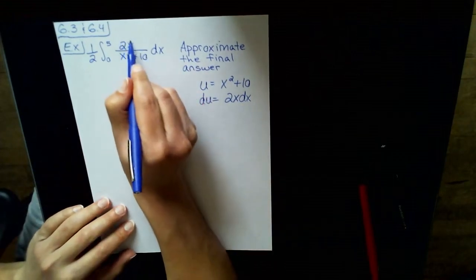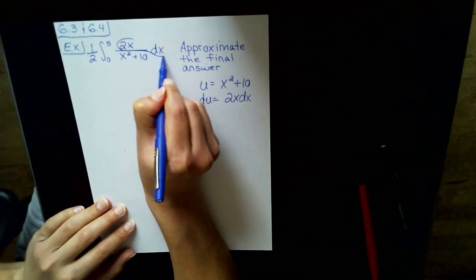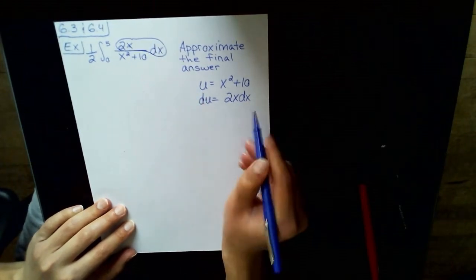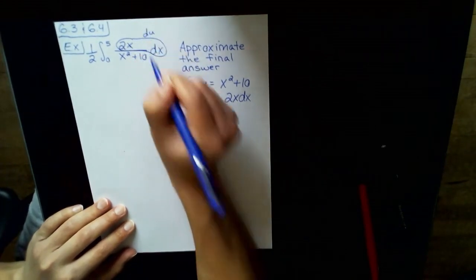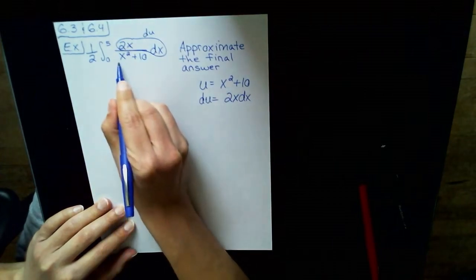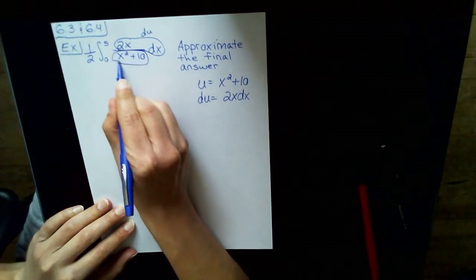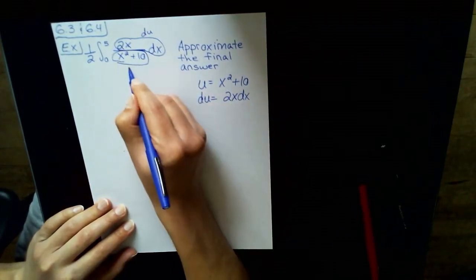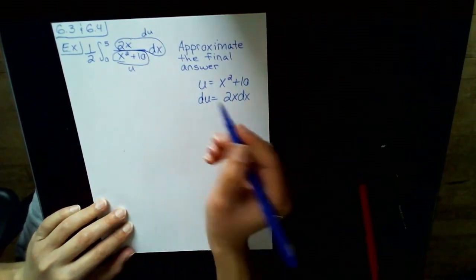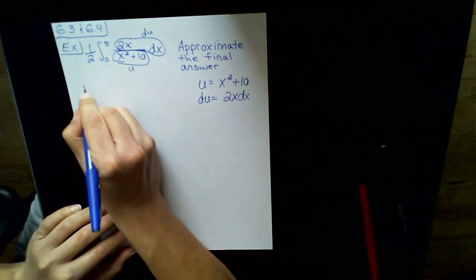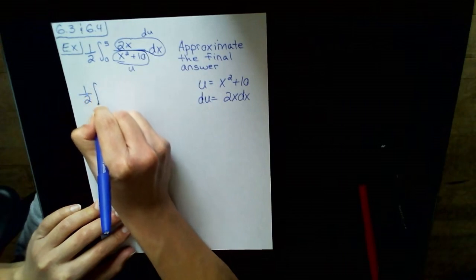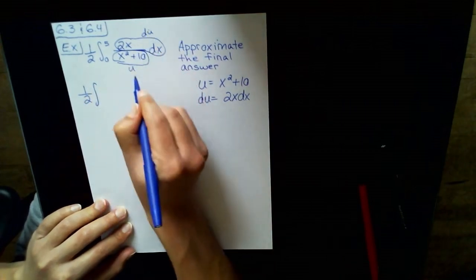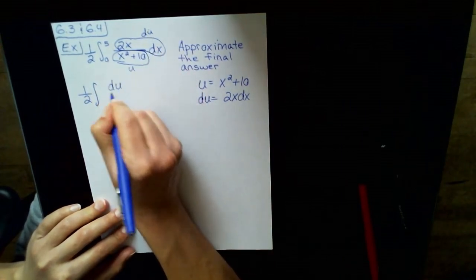Okay, so now we do have 2x dx, that's our du, and we also have x squared plus 10, which we said was u. So substituting these in, we get 1/2 times the integral of du over u.